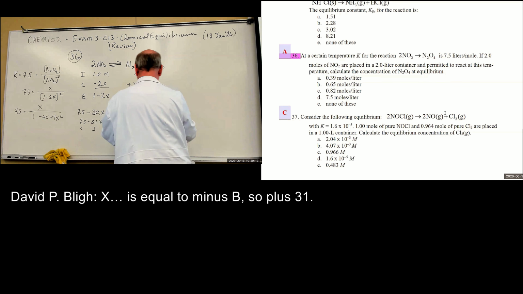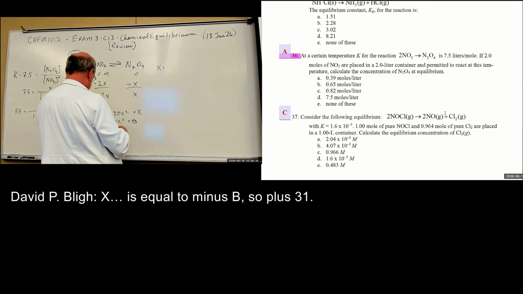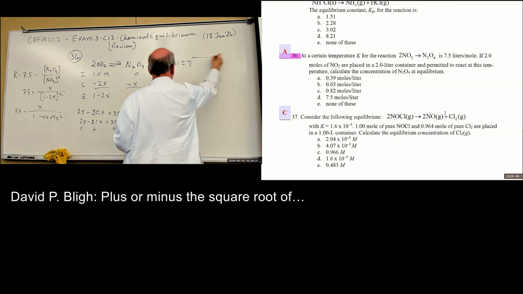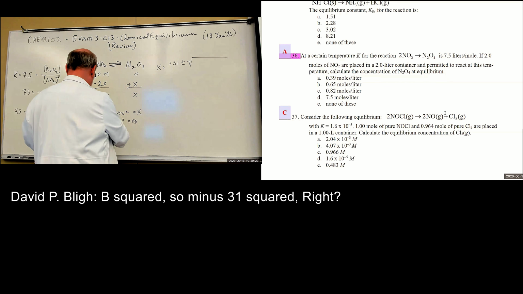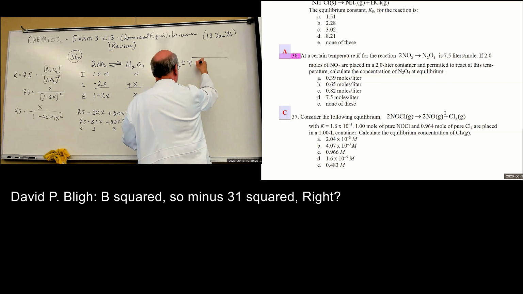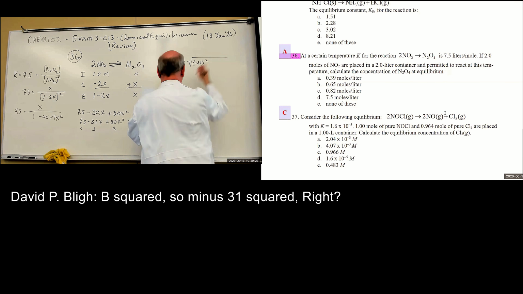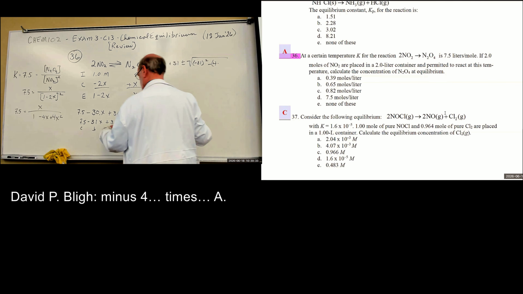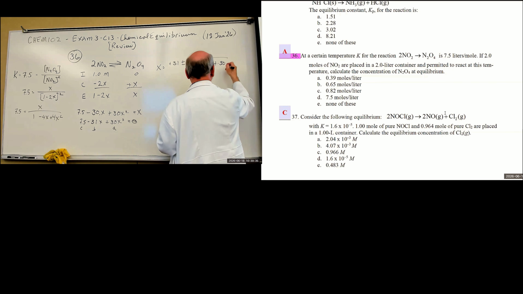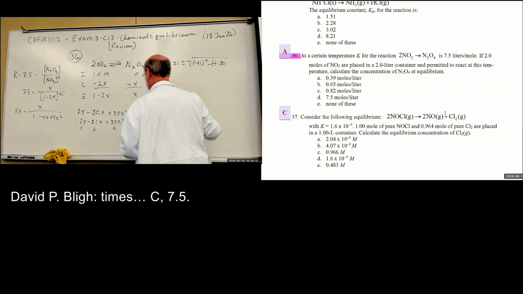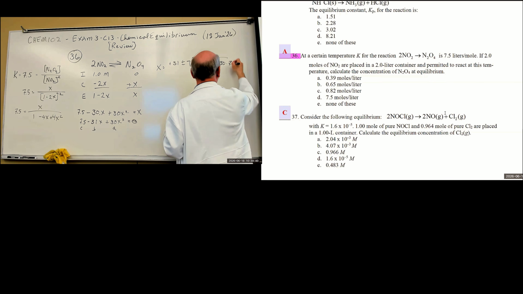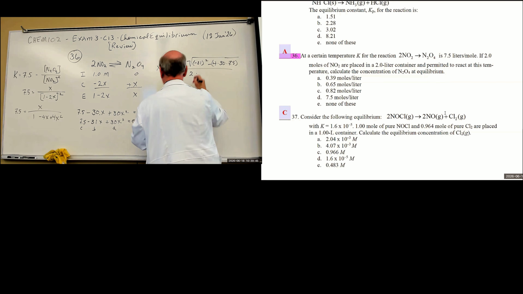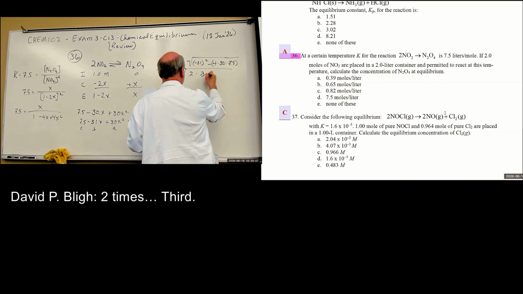X is equal to minus B, so plus 31, plus or minus the square root of B squared, so minus 31 squared, right? Minus 4 times A times 30 times C, 7.5. There we go. All over 2A, 2 times 30.